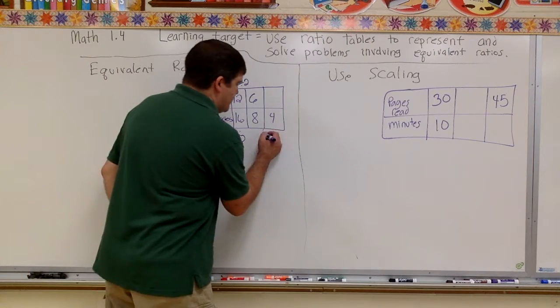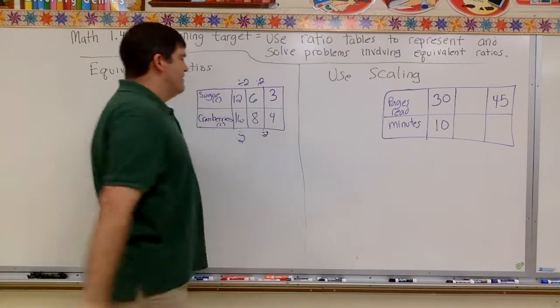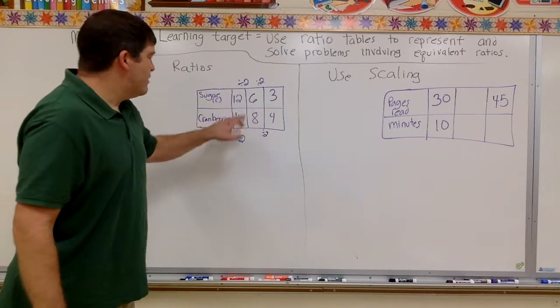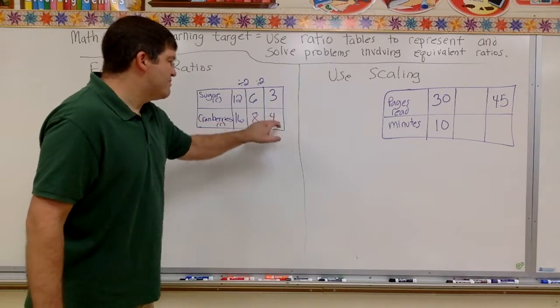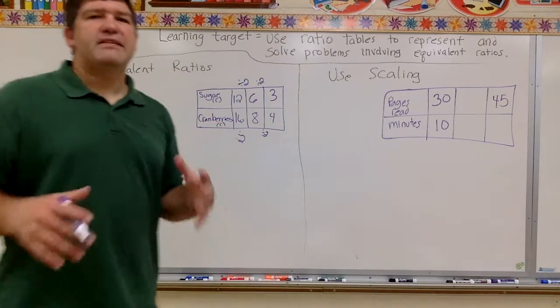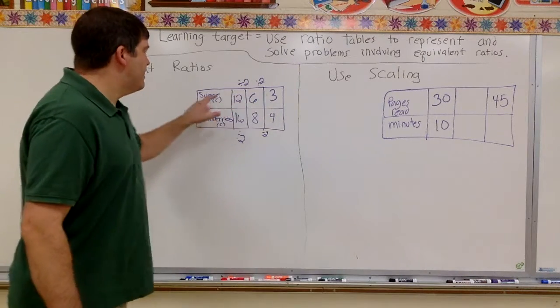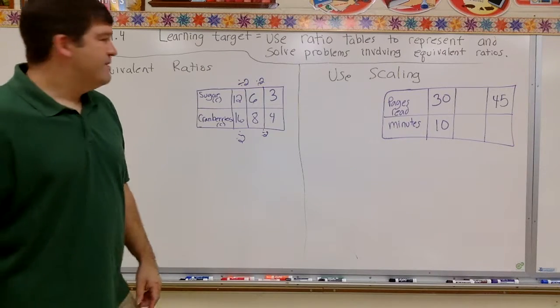So that's just divided by 2 again. Divide this by 2, it's 3. It's kind of like I'm just simplifying the fraction. So 6 over 8 is the same as 3 to 4. So basically, when you're making cranberry jam, for every 3 cups of sugar, you need 4 cups of cranberries.